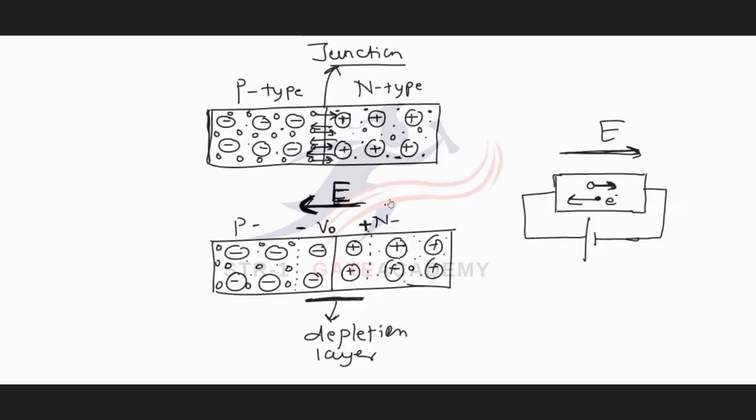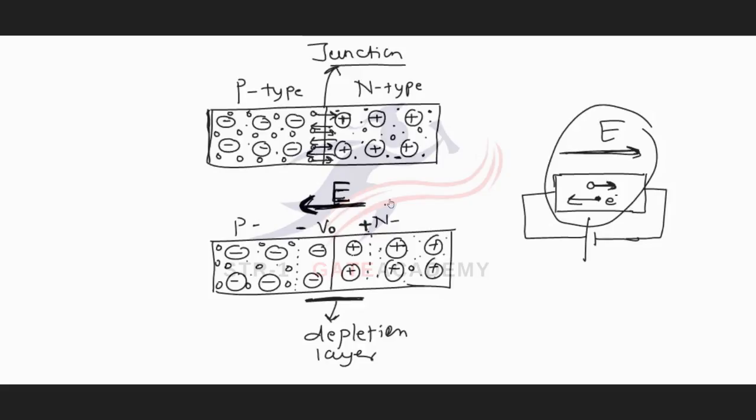While the electron in the n-type semiconductor will try to cross the junction from higher concentration to lower concentration, again the motion of the electron is opposite to the direction of the electric field. So this electron will not be allowed to move from the n side to the p side.